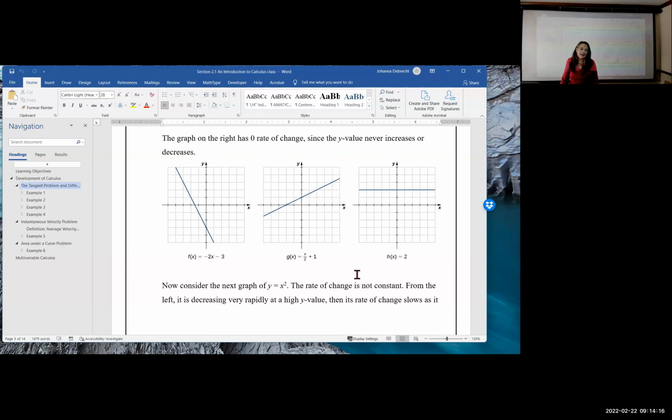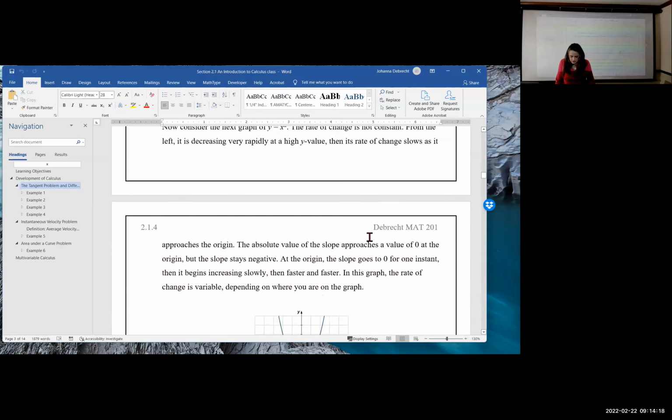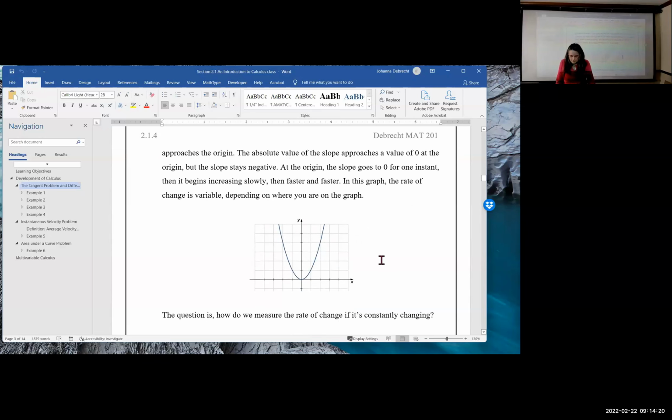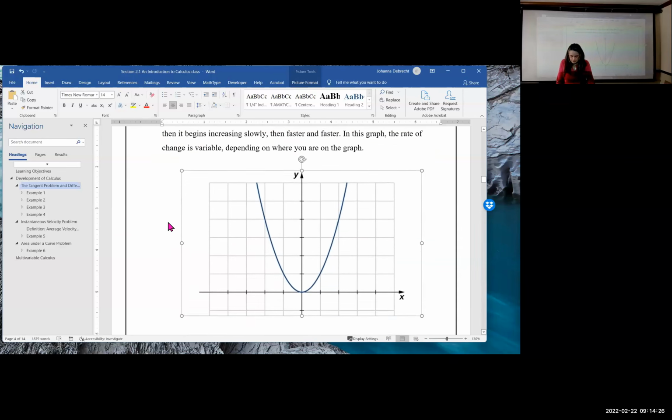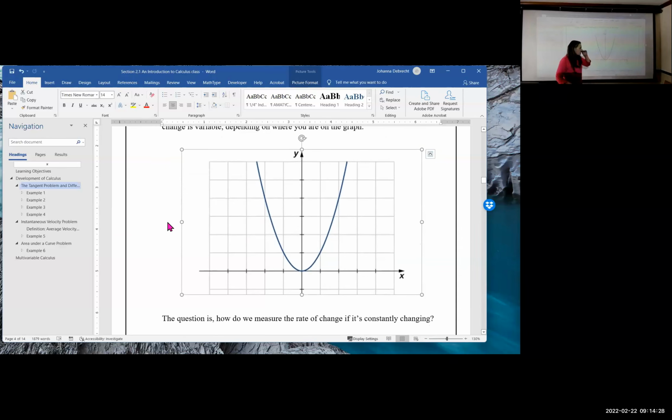But that doesn't apply to something like x squared. So when you look at the rate of change of x squared and you want to describe how it's changing as you go from the left to the right, and I'm making it a little bigger so we can look at it, think about how fast y is changing with respect to x as you move from the left side of the graph to the right side of the graph.